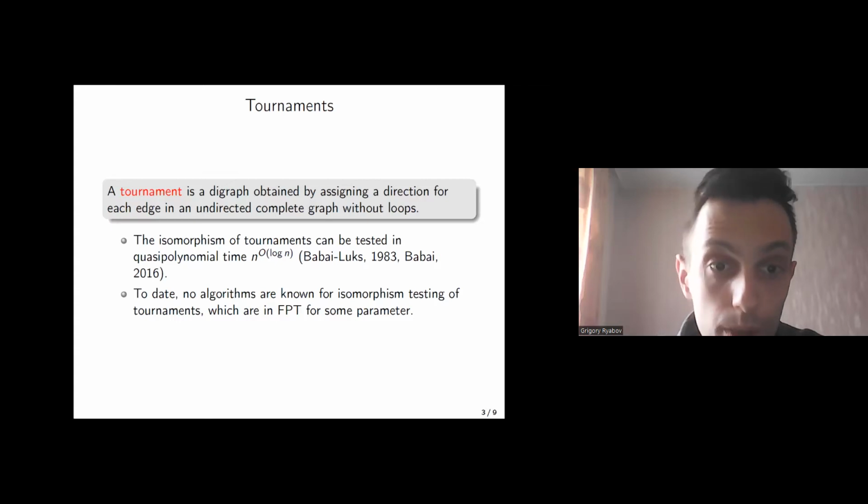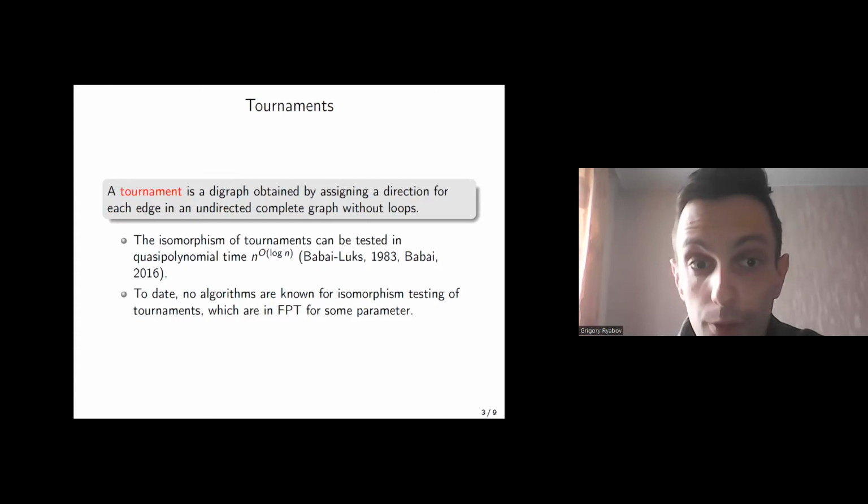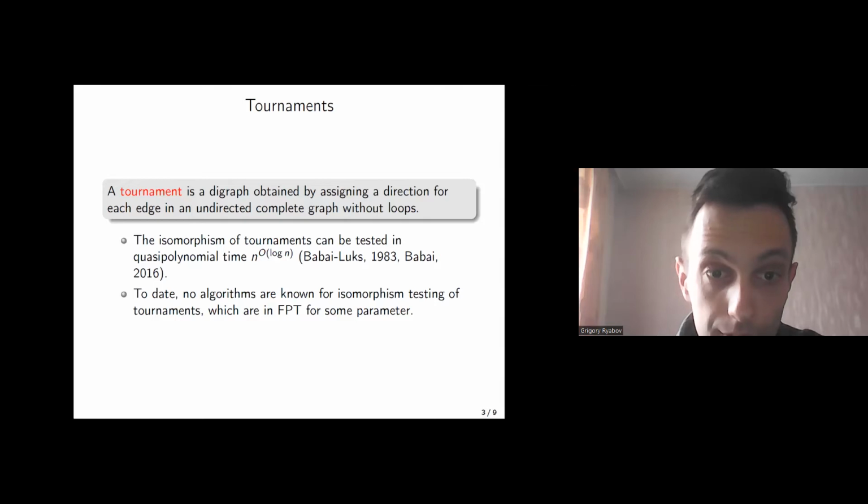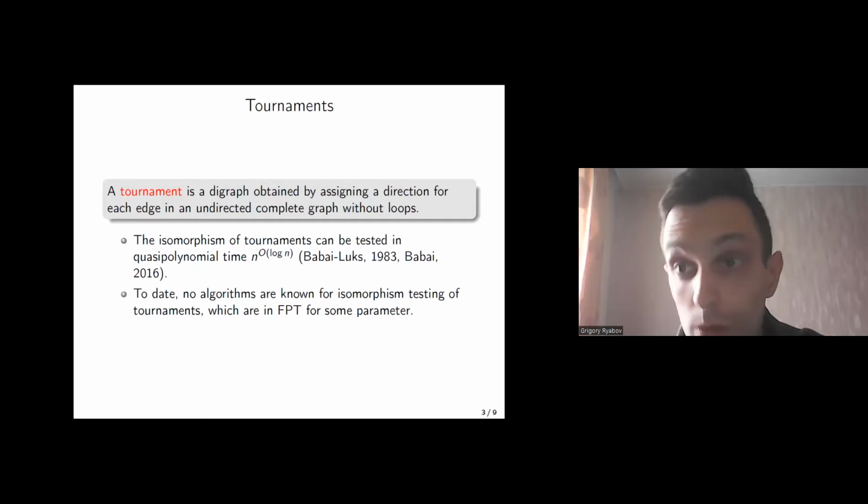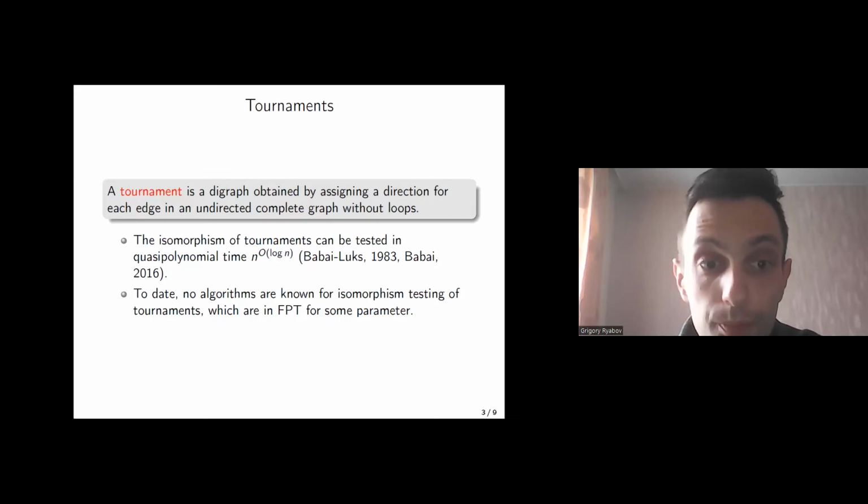What is known about the isomorphism problem for tournaments? The isomorphism of tournaments can be tested in quasi-polynomial time. This was proved by Babai and Luks in 1983. But of course, this also follows from the recent outstanding Babai result about the quasi-polynomial solution of the graph isomorphism problem.